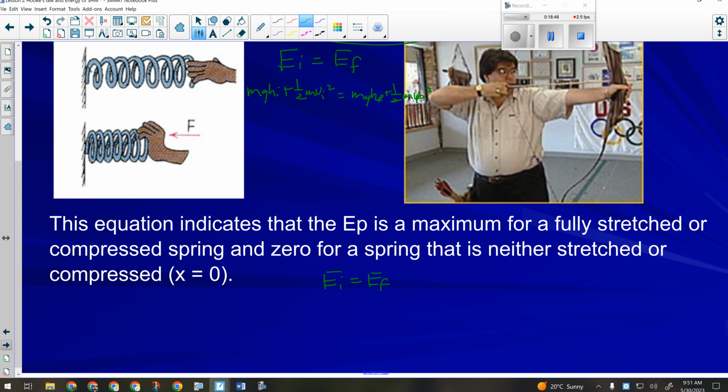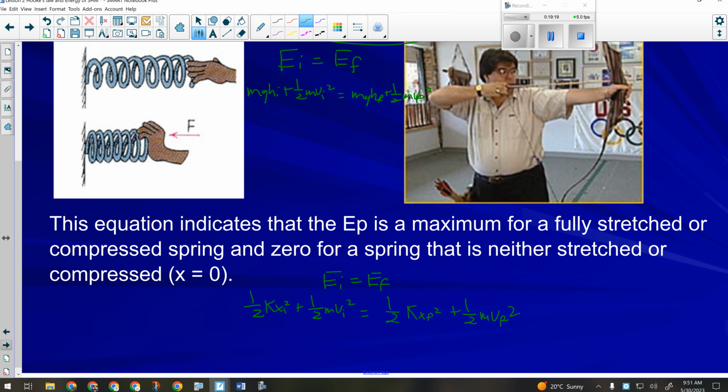Our mechanical energy is still conserved, initial equals final. All that changes is we substitute elastic potential energy for gravitational potential energy.